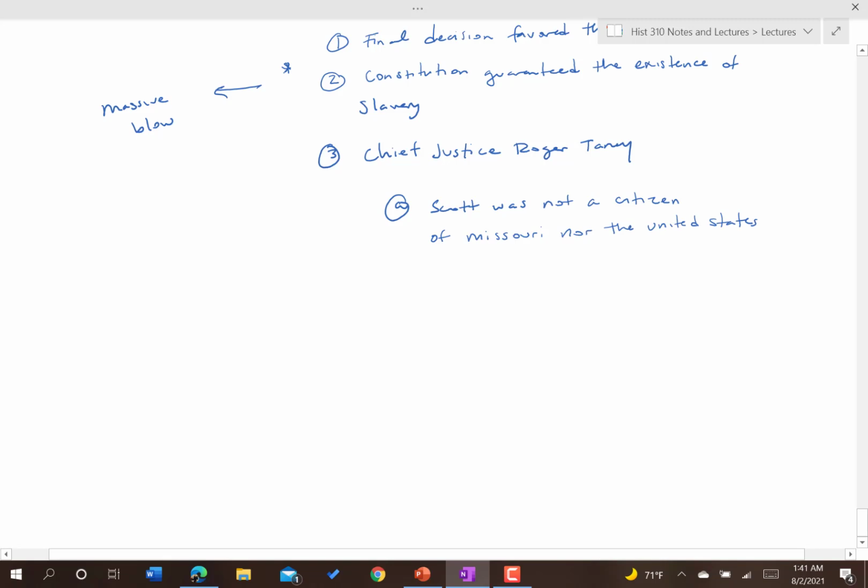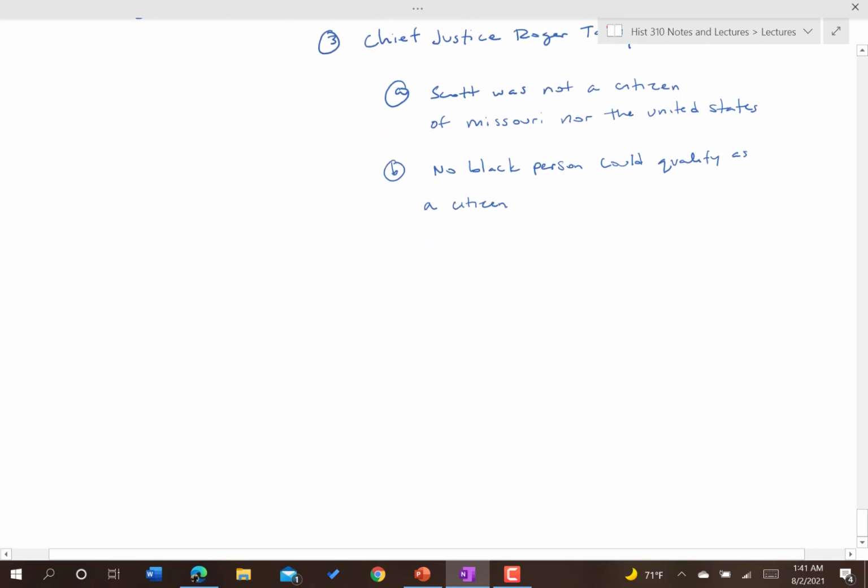Right, and therefore, because he was not a citizen, and more specifically that no black person, right, so it wasn't just that slaves are not citizens, that no black person could qualify as a citizen, right? So every single one of these I'm going to write was a massive blow to the abolitionist movement and to the North, and had no rights under the Constitution.